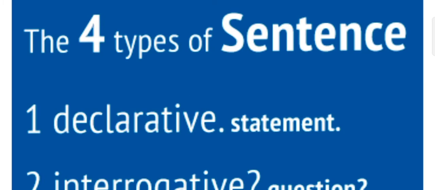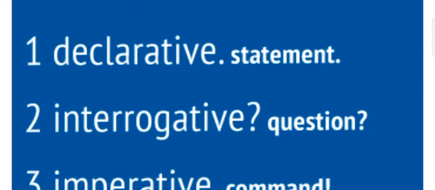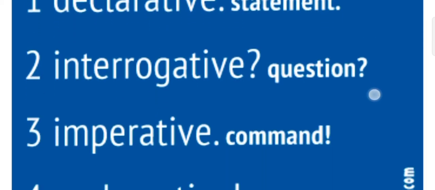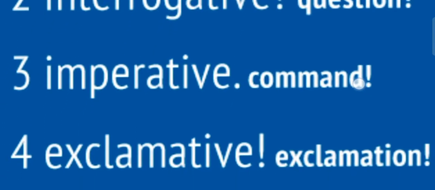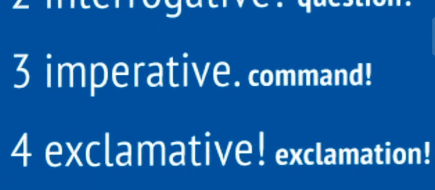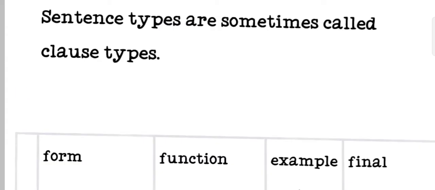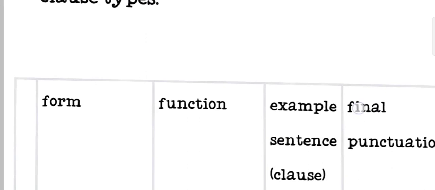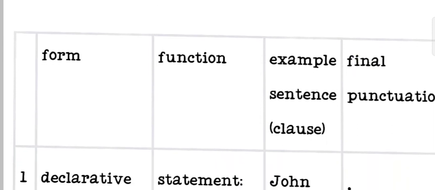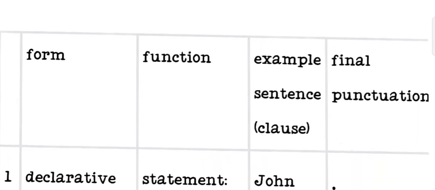Four types of sentences: declarative, that means statement, interrogative, that means question, imperative, that means command, and fourth, exclamative, that means exclamation. Sentence types are sometimes called clause types. Now the form, how to form, functions, example sentences, clause, final punctuations.